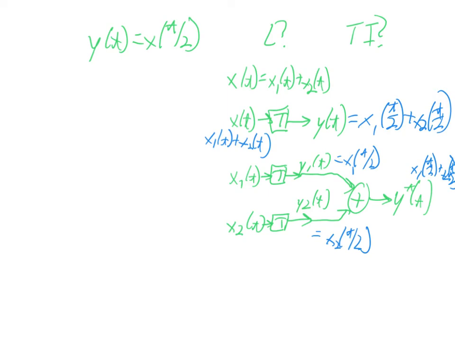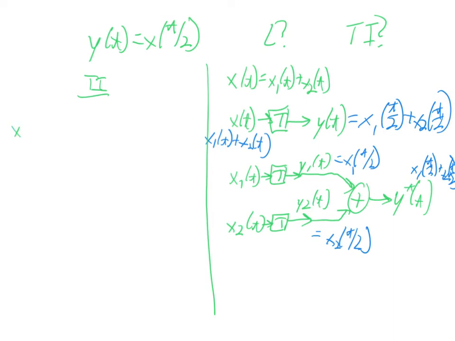If I have two functions that I add together, and then I scale the time of the result, it's the same as I scale the time of the inputs and then add them together. Now let's ask, is this time invariant? So in time invariance, I do a different block diagram.